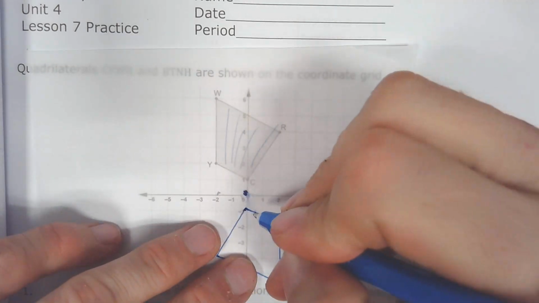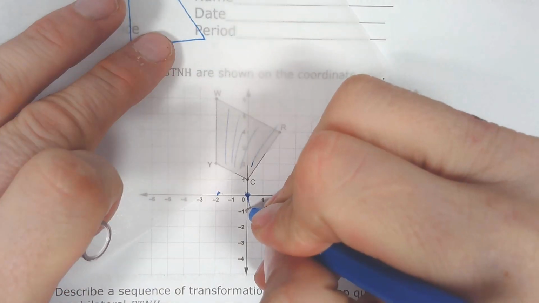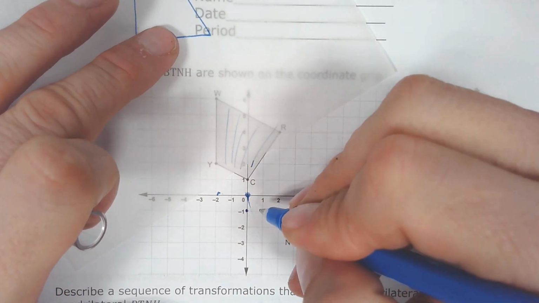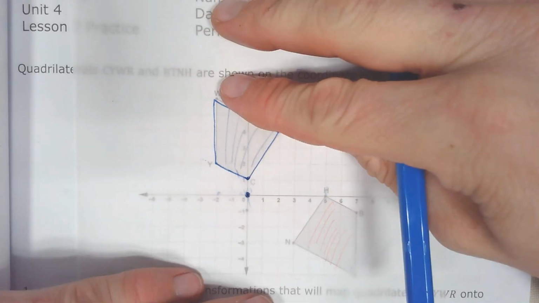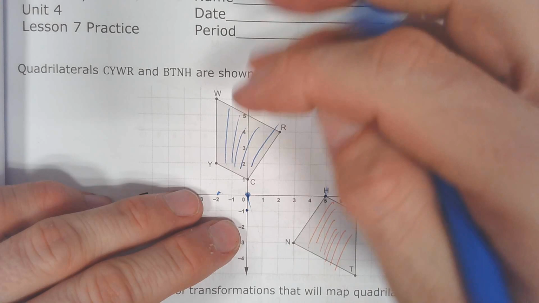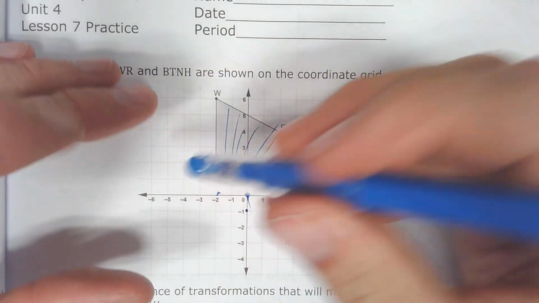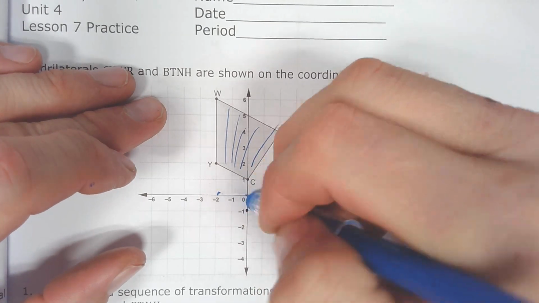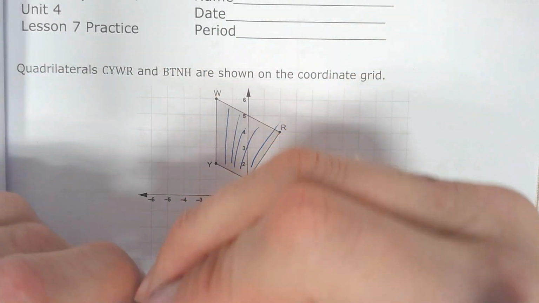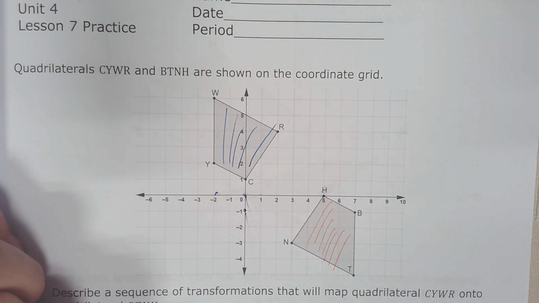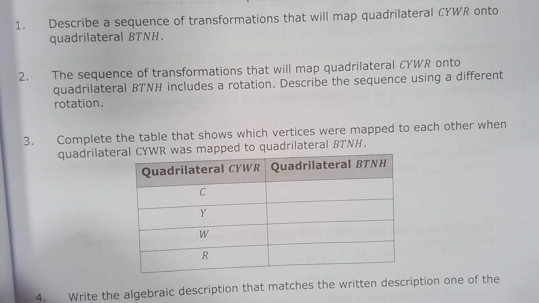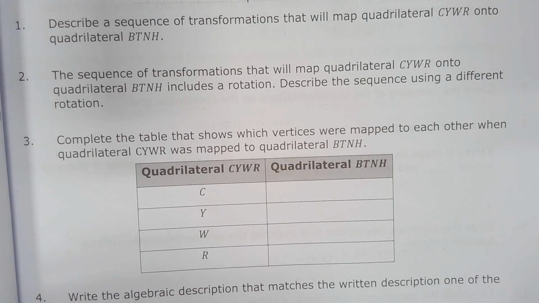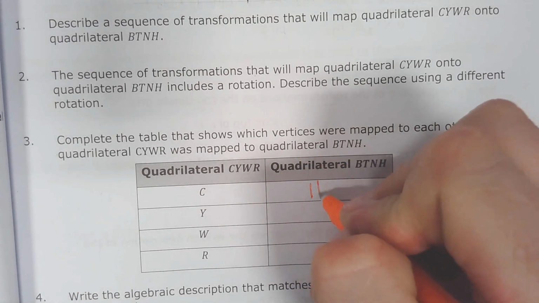I was on this point right here, and it corresponds to this point right here. So what point was that? That was point C. So point C corresponds with point H. It asked me that down here, so point C corresponds to point H.